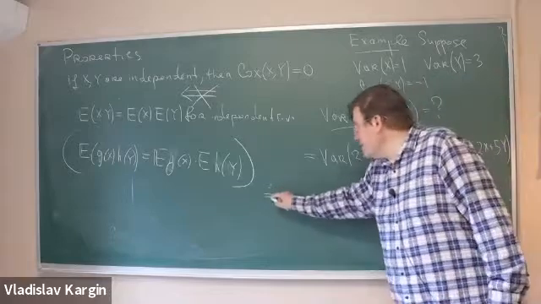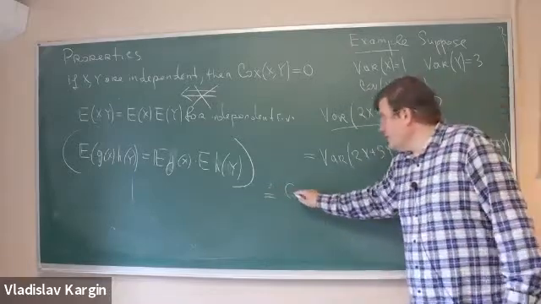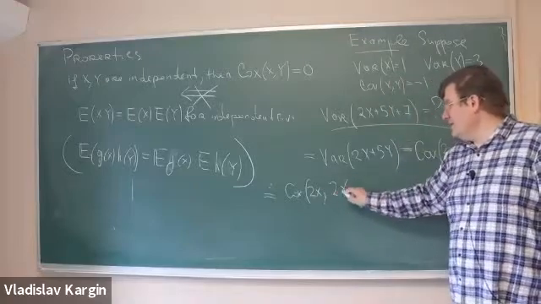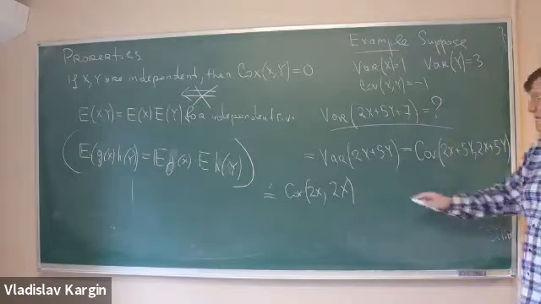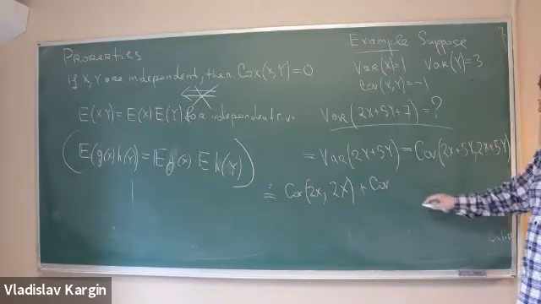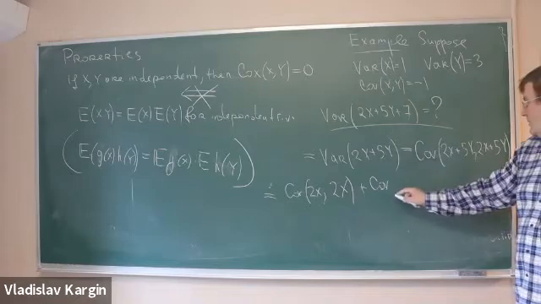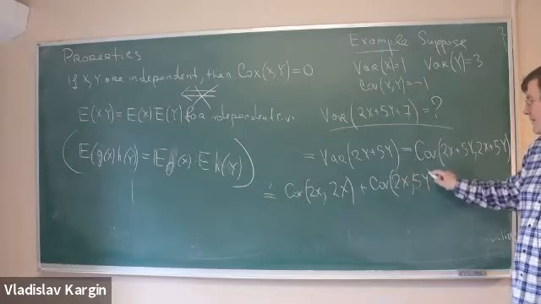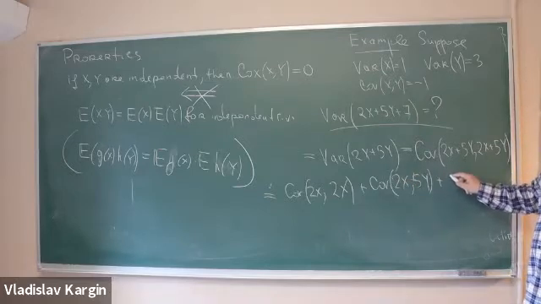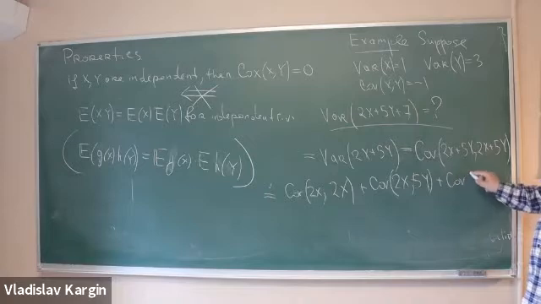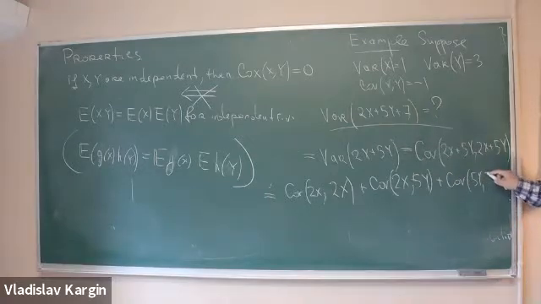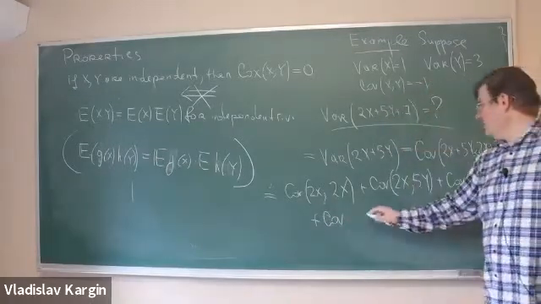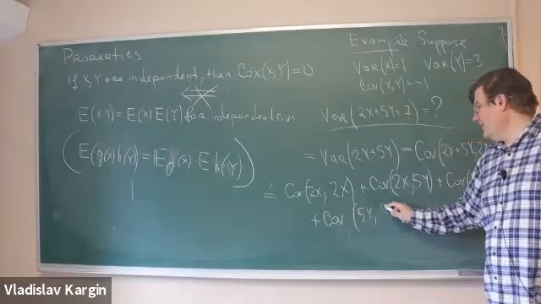So you write that this is equal to the covariance of 2x and 2x, plus the covariance of 2x and 5y, plus the covariance of 5y and 2x, plus the covariance of 5y and 5y.